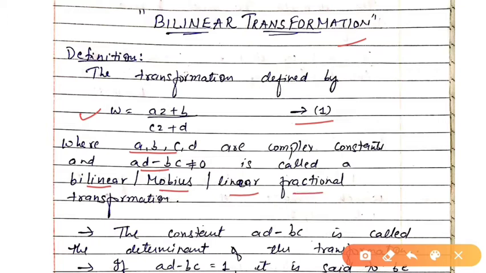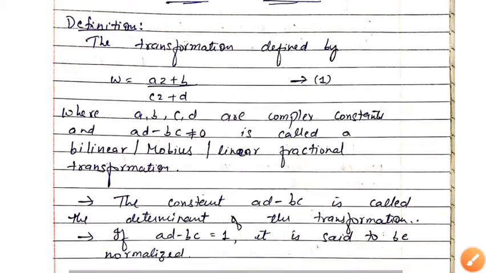What you have to remember here is W equal to AZ plus B upon CZ plus D. Here A, B, C, D are complex constants and AD minus BC must not be equal to 0. Such type of transformation is called bilinear, Mobius or linear fractional transformation, right?